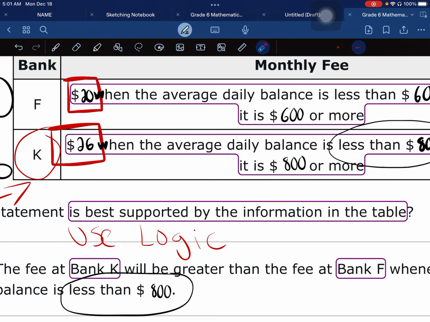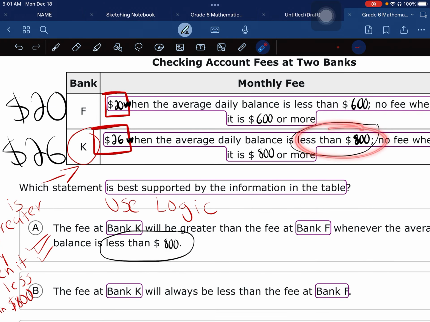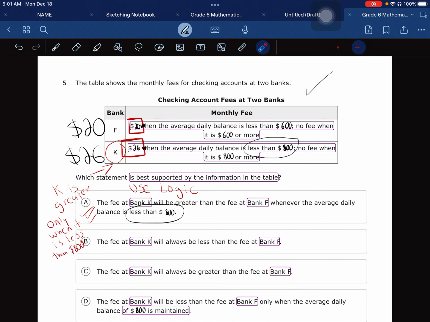It's going to be free. But if you have less than 800, which is what we have right here, Bank K is going to be greater. The fee that you're going to pay is going to be greater. El pago que vas a dar va a ser más grande solamente cuando tengas menos de 800 en tu cuenta de banco. Si tienes menos de 800, ahí sí te van a cobrar.